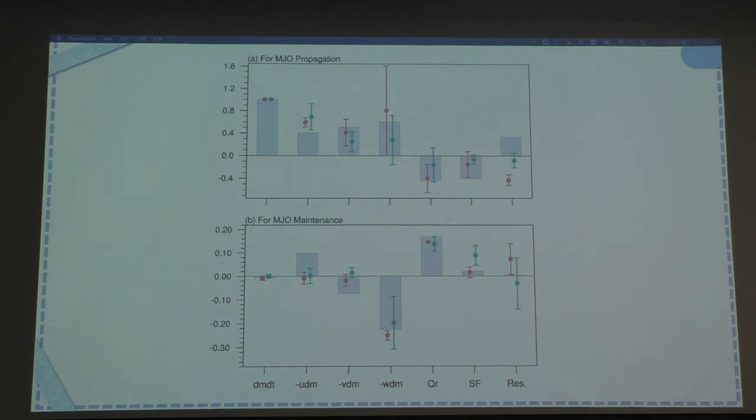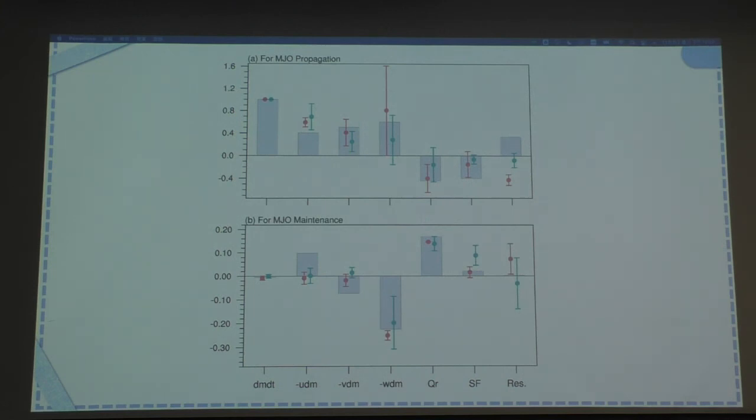The bar is the observed result, the red line is the good model, and the green line is the poor model. In the observation, you can see that the good model has a stronger meridional advection term. According to previous studies, the meridional advection term is more important for the MJO's propagation. So maybe that is one factor.